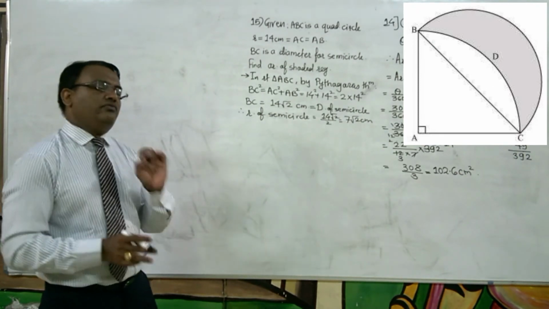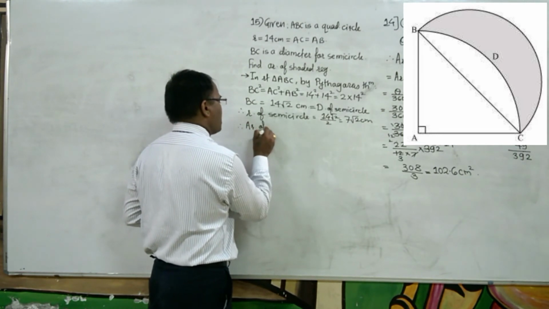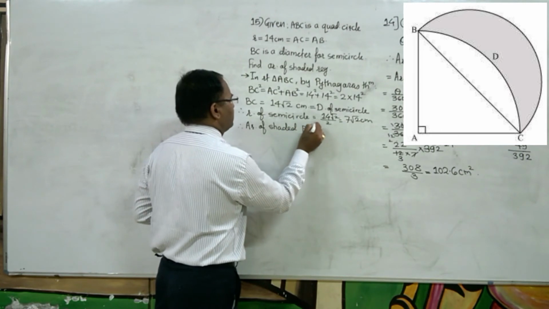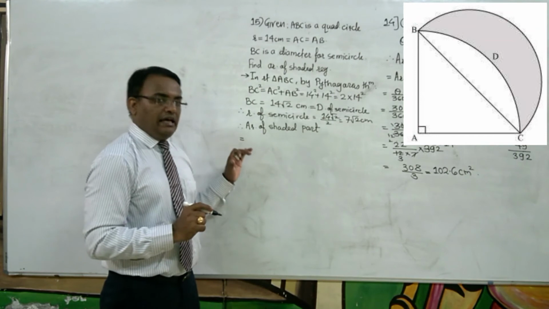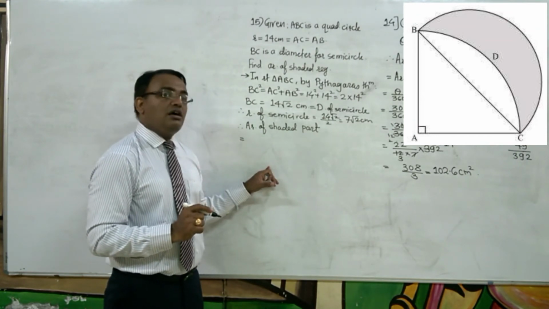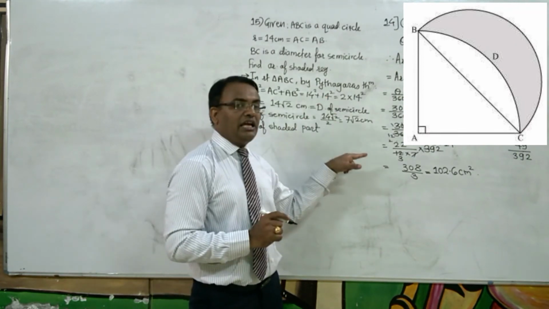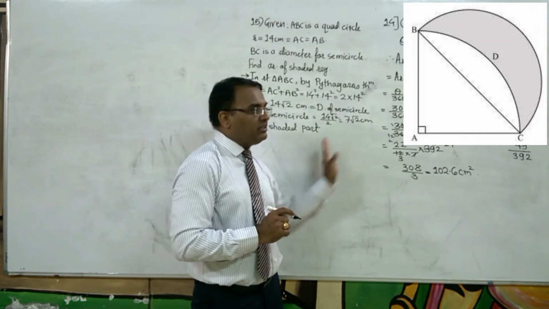Observe the diagram very carefully. Therefore, area of shaded part. This is nothing but the area of sector. Then if you subtract area of triangle, you will be getting the area in between the diameter BC and the shaded part.